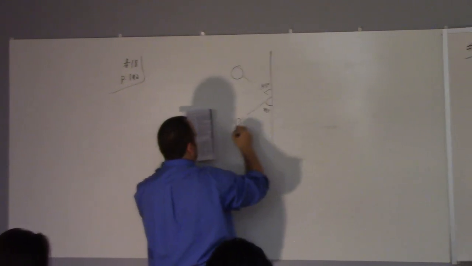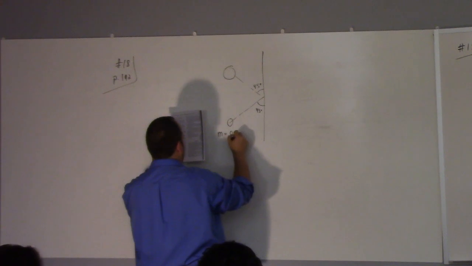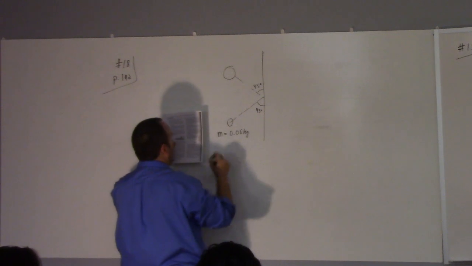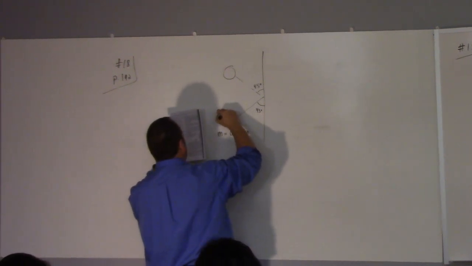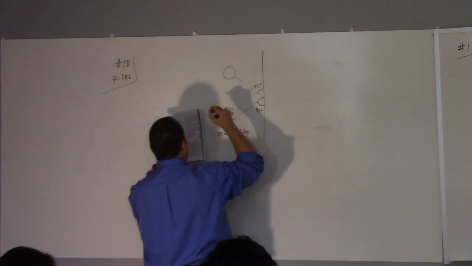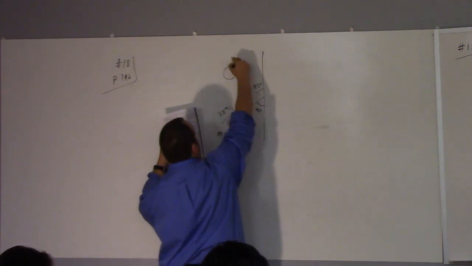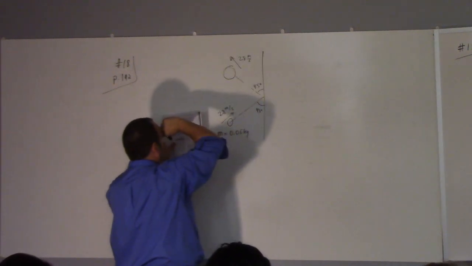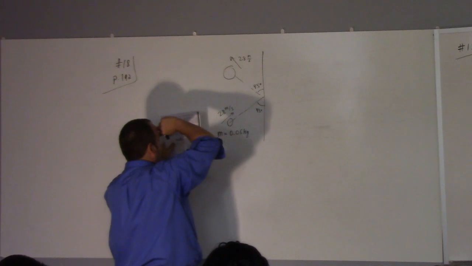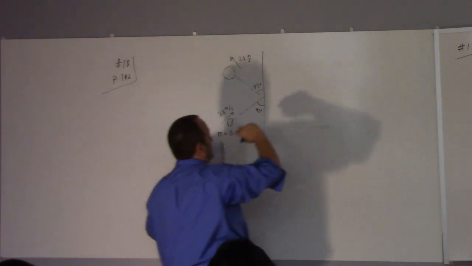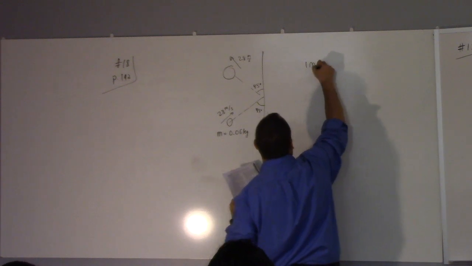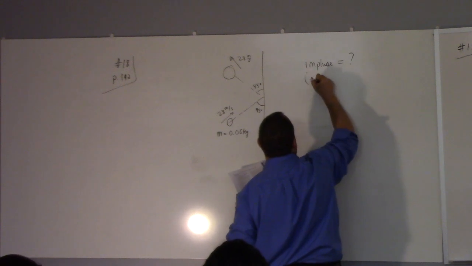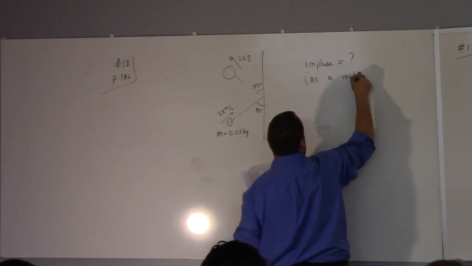The mass of the tennis ball is given to be 0.06 kilograms, and the speed is originally 28 meters per second, and it rebounds with the same speed at an angle of 45 degrees. The question is, what's the impulse, magnitude and direction, given to the ball? And it says as a vector, right? We want the magnitude and direction.